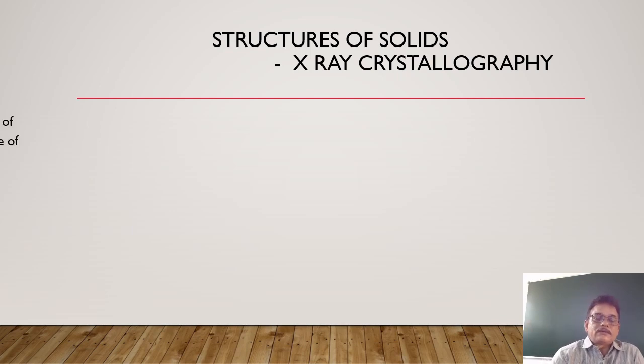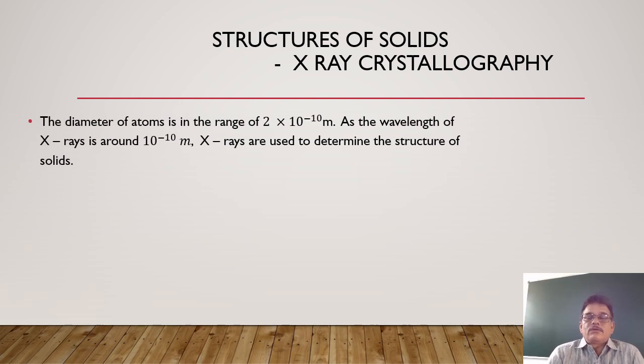Right. So here, why should we use only X-rays to determine the structure of solids? Because the diameter of an atom is in the range of 2 into 10 power minus 10 meters. As the wavelength of X-rays is around 10 power minus 10 meters, X-rays are used to determine the structure of solids.